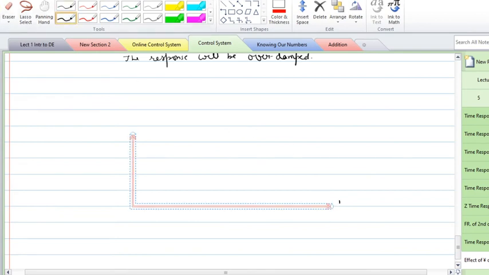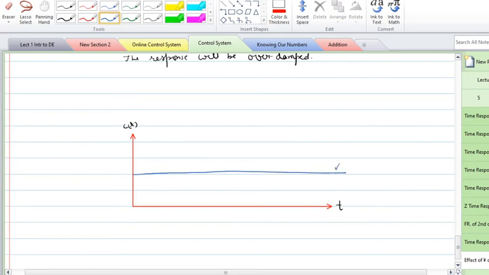Suppose this is your t here, and this is your C(t) here, and this is your input function, then the response will be like this. This is for the overdamped case.